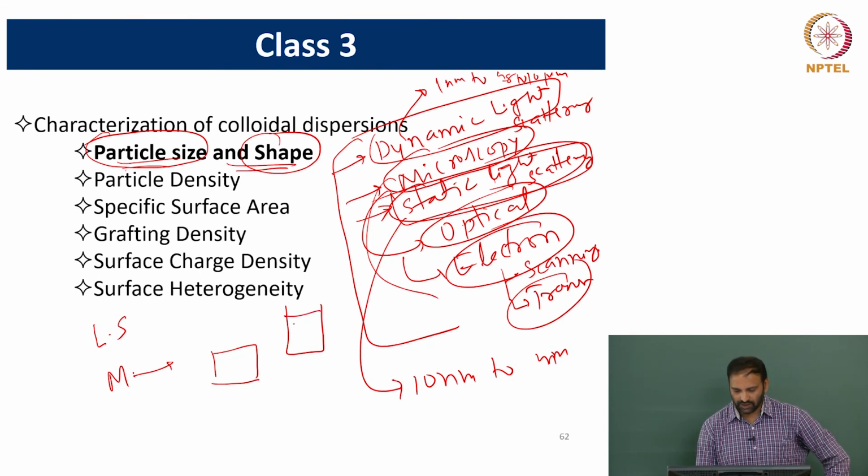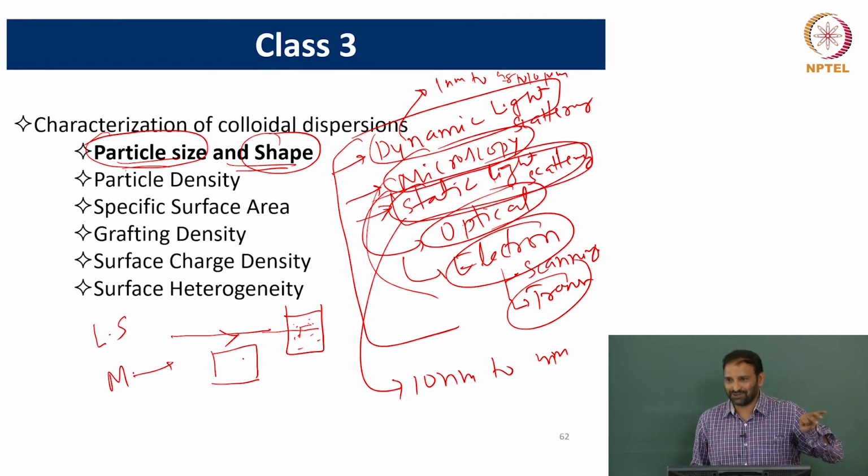However, when you look at light scattering techniques, you have a sample in which there are particles, and a beam of light falls onto the sample. A beam of light has some dimension, right? People talk about a 0.1 millimeter beam and things like that. Now people talk about what is called a scattering volume.